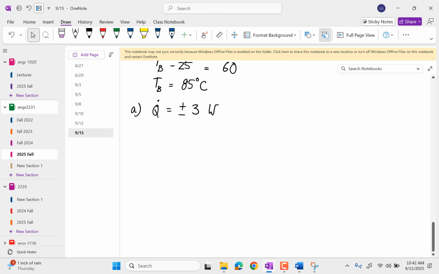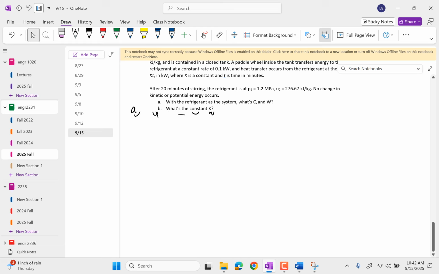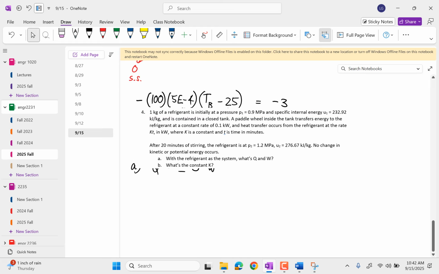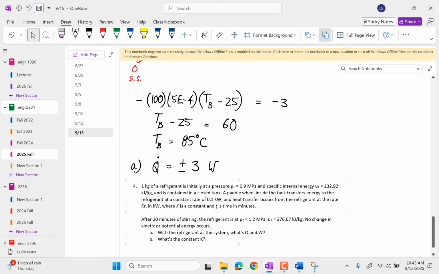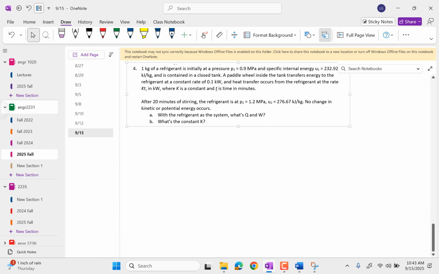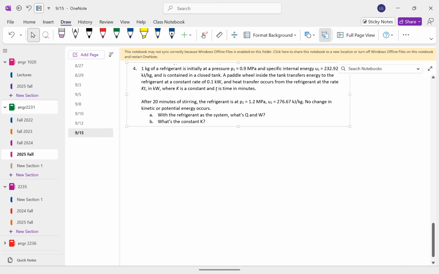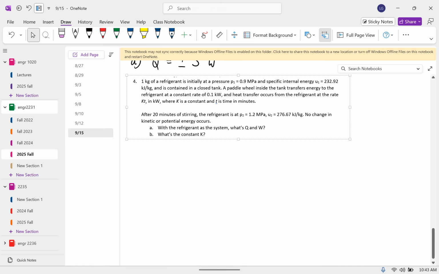Okay, so number 4 now. So we have 1 kilogram of a refrigerant.